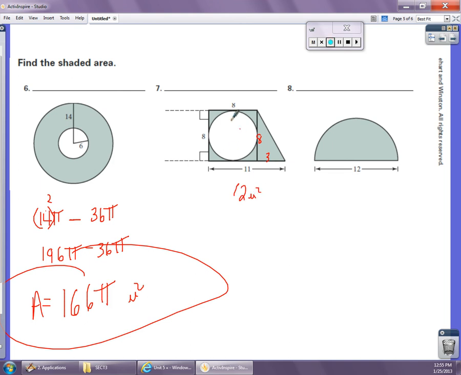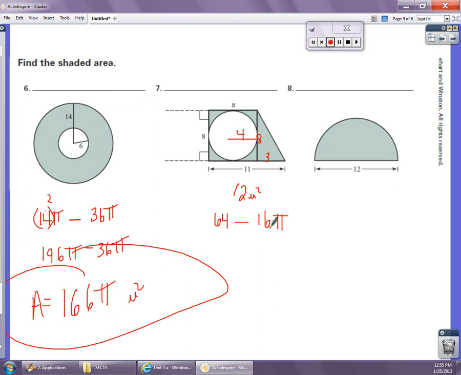Then to find this area right here, I'm going to find the area of the square, which is 64, and subtract the area of the circle. So if it's 8 all the way across, we need to know the radius, which is 4. So 4 squared is 16 pi. This is the area of the circle. This is the area of the whole square.